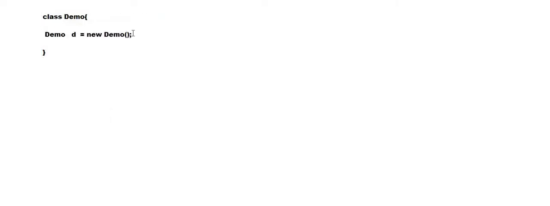Here Demo with brackets is the default constructor of the class. Later we will discuss the constructor also. This d is considered a variable, which is storing the object address. Somewhere in the heap memory that object will be created once you invoke the constructor.